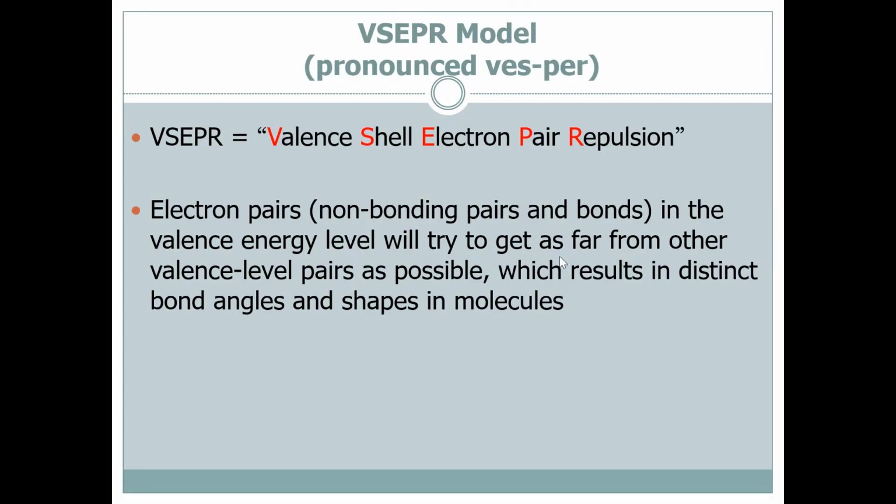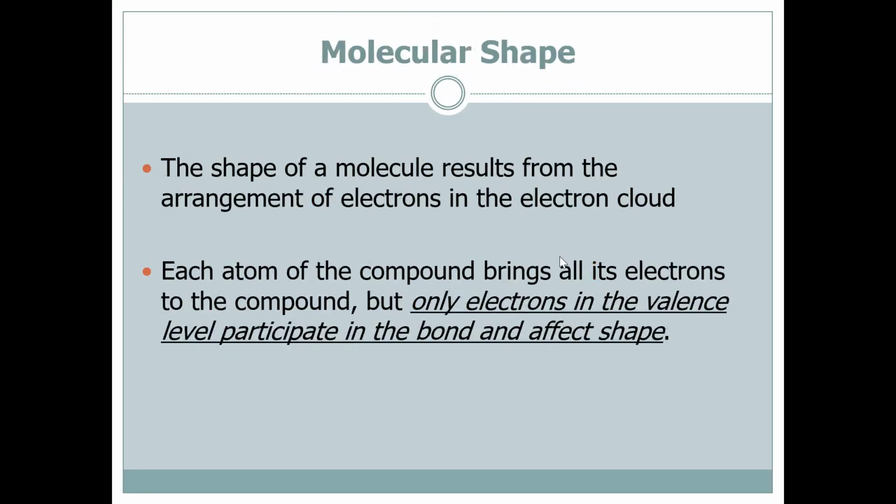And what's going to happen is we're going to have very distinct shapes that have very distinctive bond angles. A bond angle is an angle between two different bonds on a molecule. So the shape of the molecule results when you're looking at how the electrons are arranged around the electron cloud.